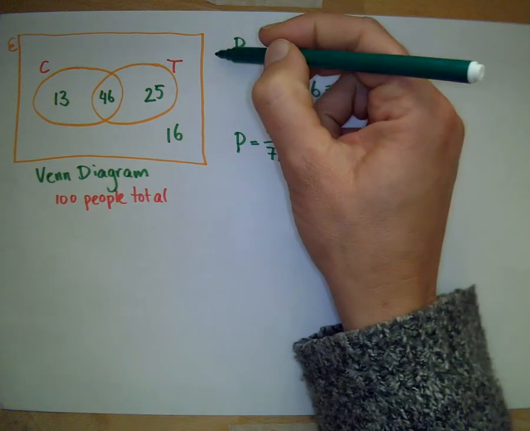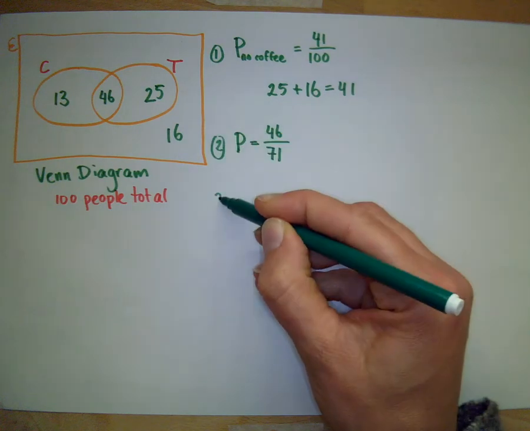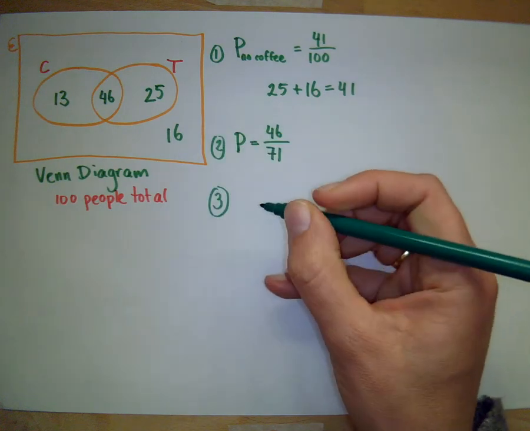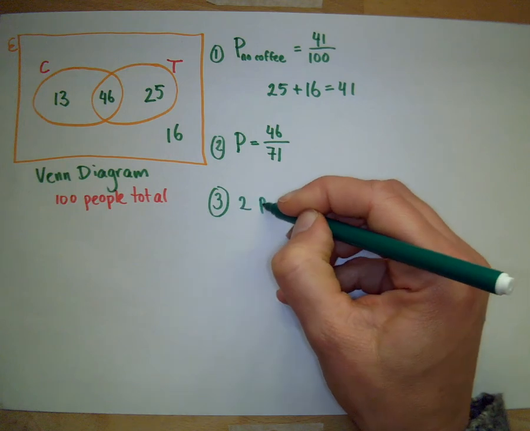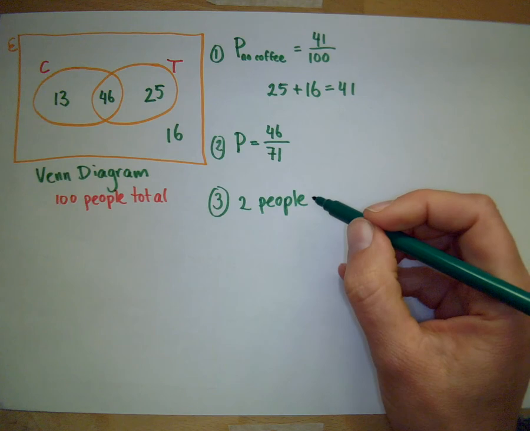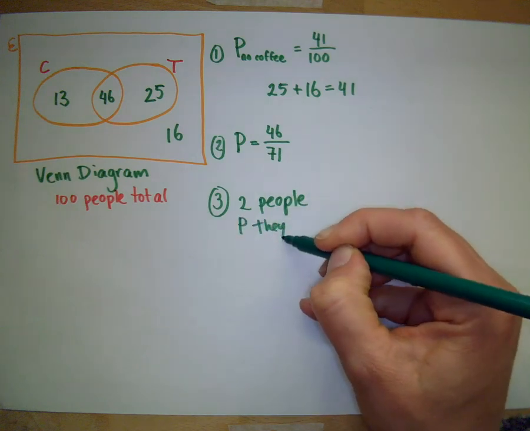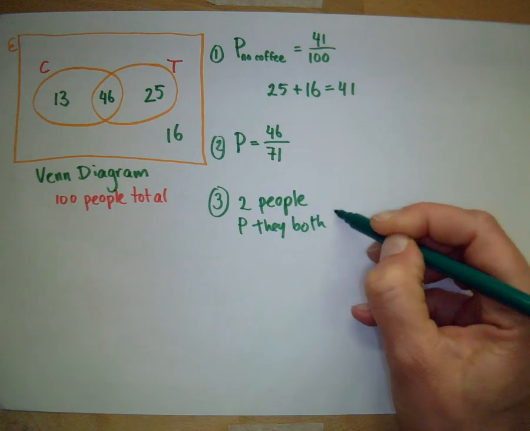Now, our third situation. What if we pick 2 people out of the whole group at random? What is the probability that they both like coffee?